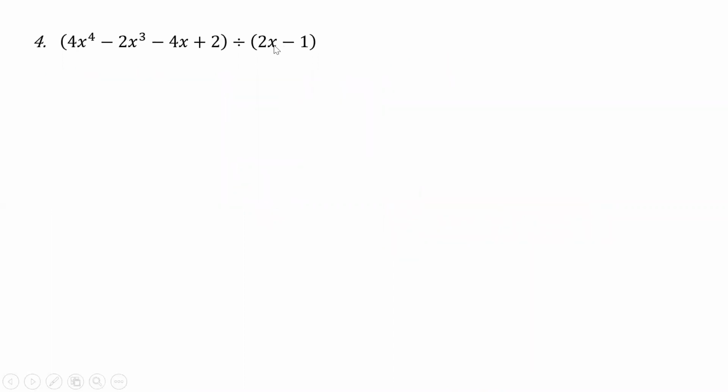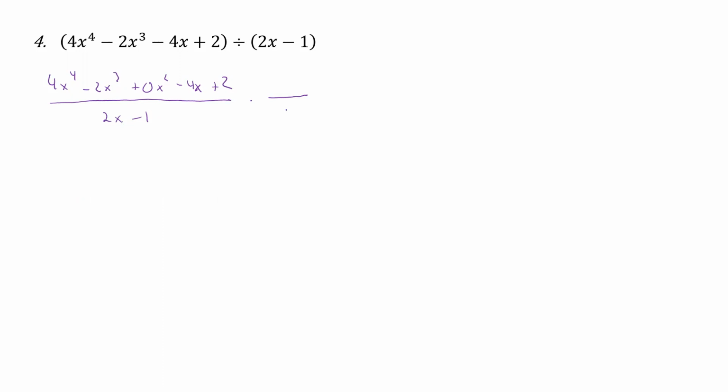And again, I think most of the time we're going to run into ones where we have not something like x minus k, and so you actually have to do some extra work here. And so that's what I'm going to do. And so we have 4x to the fourth minus 2x to the third. Now we're missing an x squared, so plus 0x squared, then minus 4x plus 2 all over 2x minus 1. And so what am I going to have to multiply the denominator by to get this to be an x minus k?